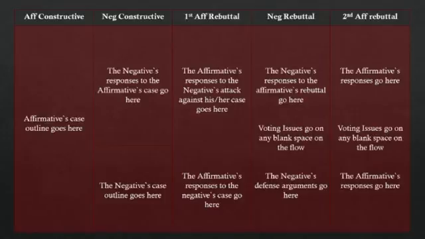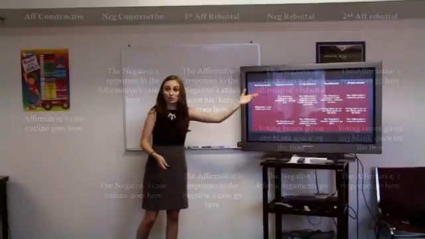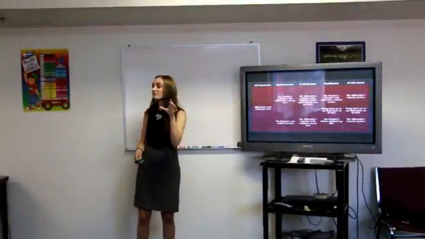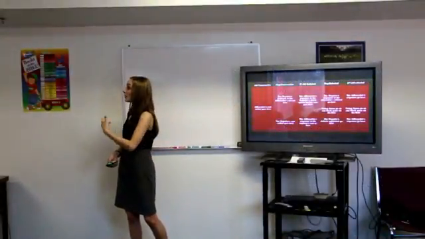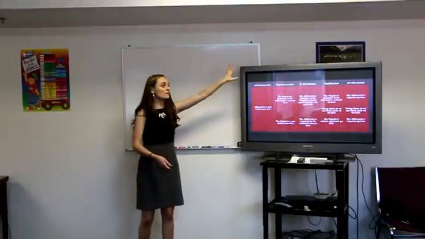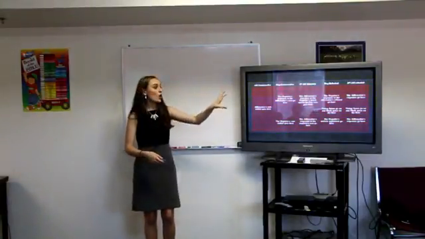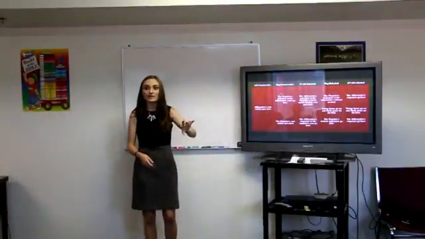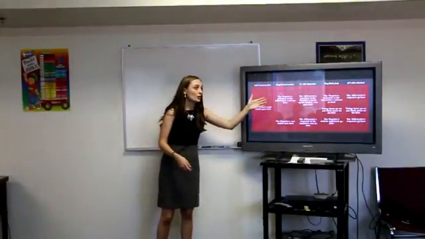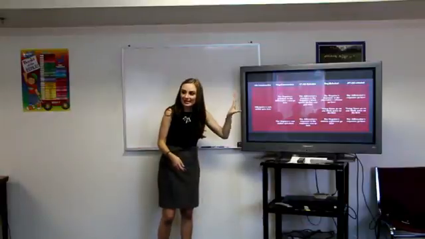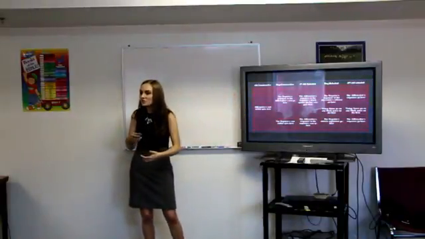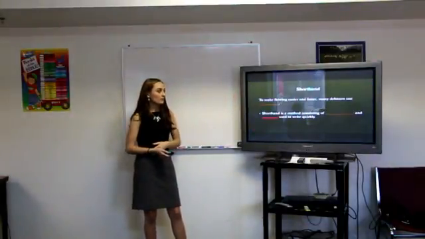The very top section of the flow, or your piece of paper, is covered by all the affirmative's arguments. So in the very first column, you would write down the affirmative's case. And then when the negative comes up to speak, you would write all the responses that the negative has to the affirmative case in the very top. So this is just basically an outline of where things go on your flow.